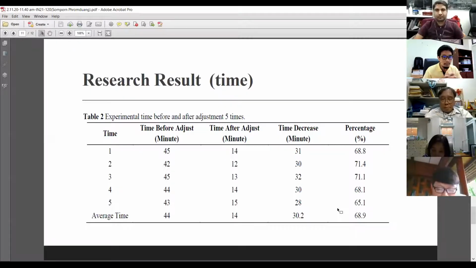After that, we tried it out five times and got a 30-minute reduction in time. That means about 70% cycle time reduced. This is the gap between the old one at 44 minutes and the new box at just 14 minutes.